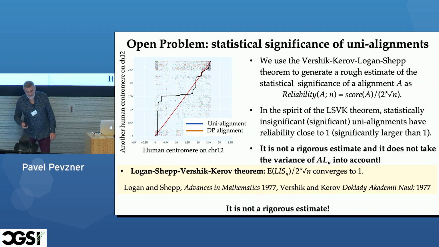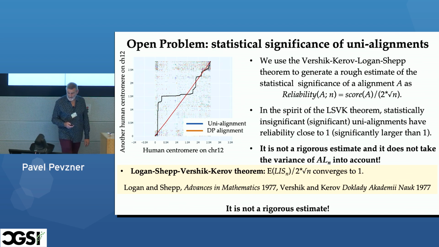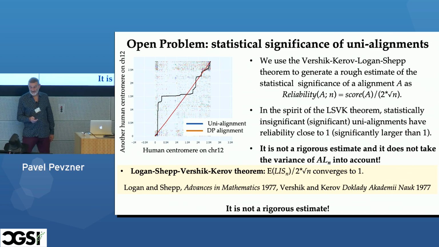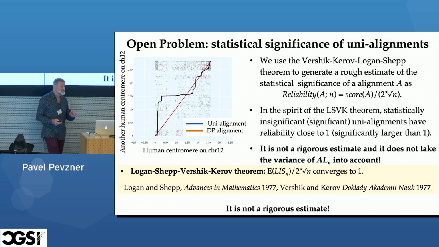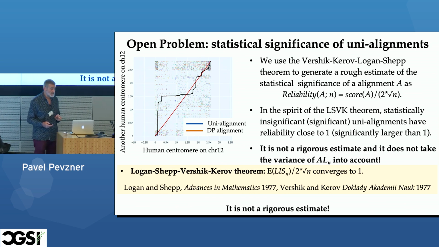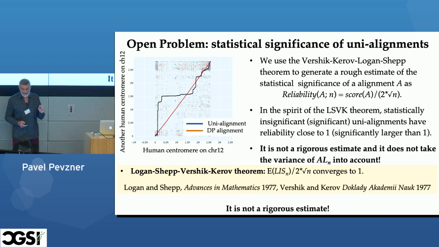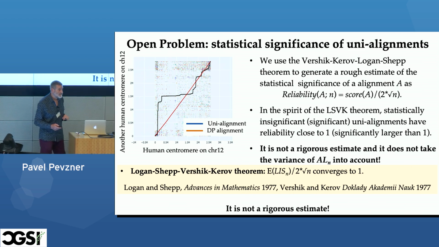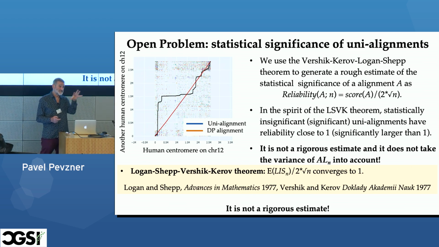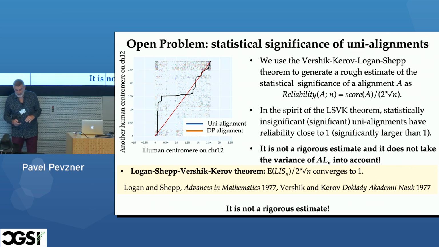So in the spirit of the Logan-Shepp theorem, we generate a rough estimate of the statistical significance of uni-alignment as the reliability: the alignment score divided by 2 square root of n. That's what the Logan-Shepp-Vershik-Kerov theorem gives.